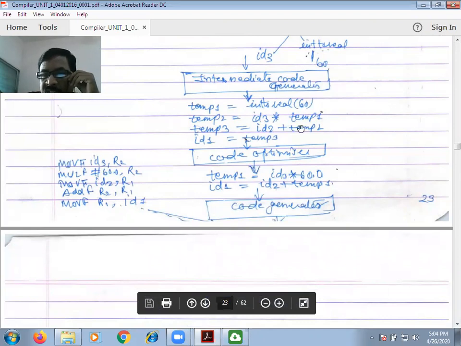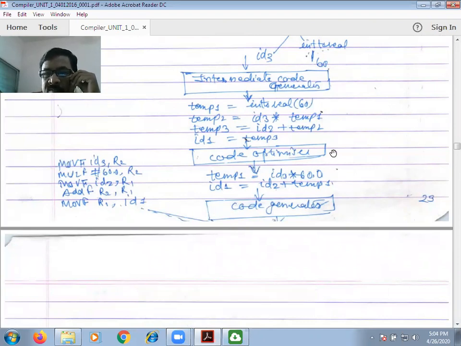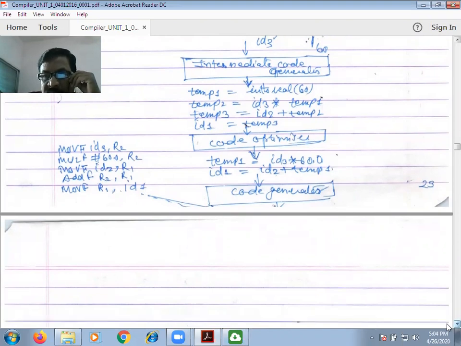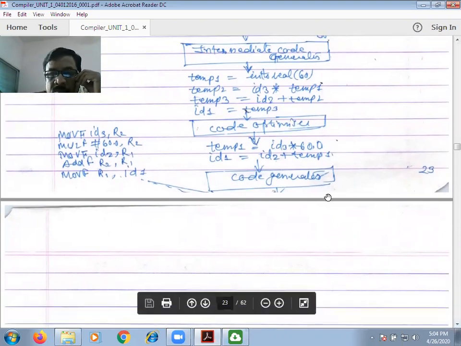And this representation is given to the code optimizer for optimization of code in terms of time and space. And finally, the code generator will, after consulting the architecture of the CPU, the processor, generate the assembly code.